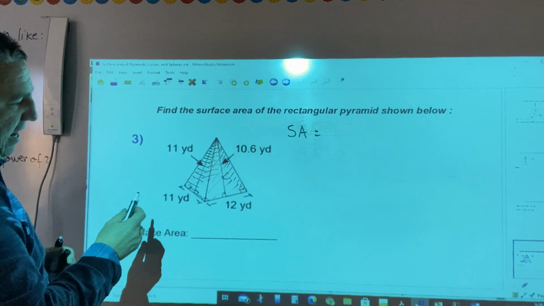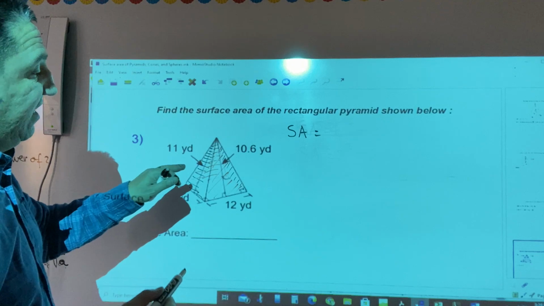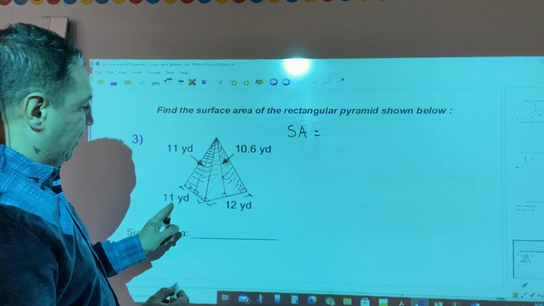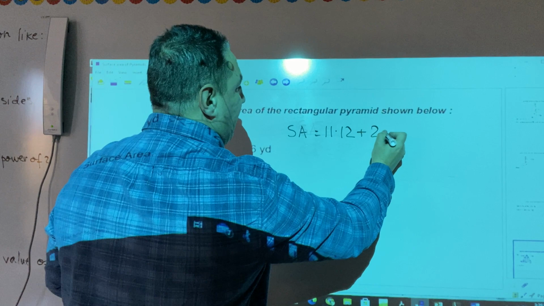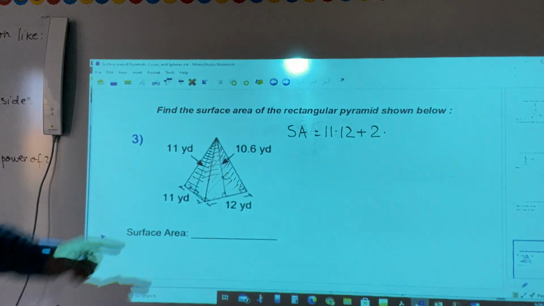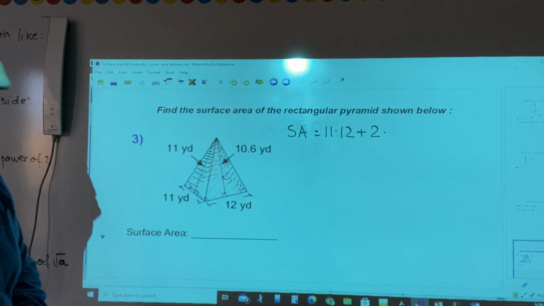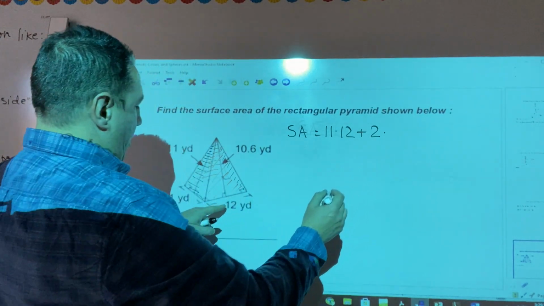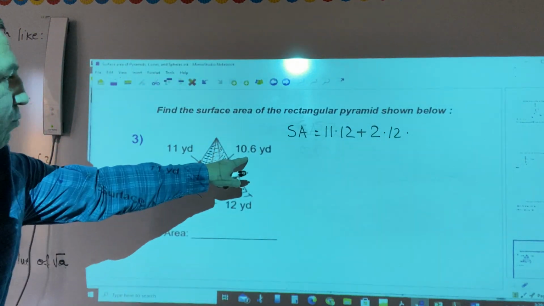First, we calculate the area of the base. The area of the base is the area of the rectangle, right? So, which is 11 times 12 plus 2 times the area of the front triangle, which is base 12 times height, which is 10.6.